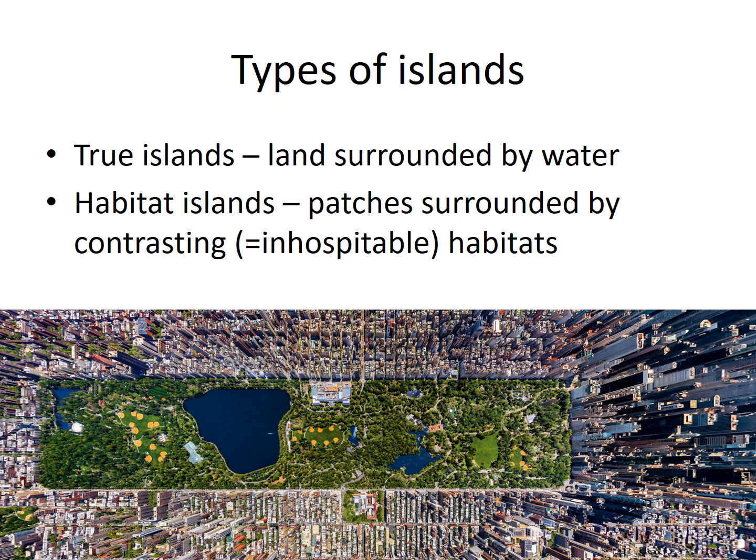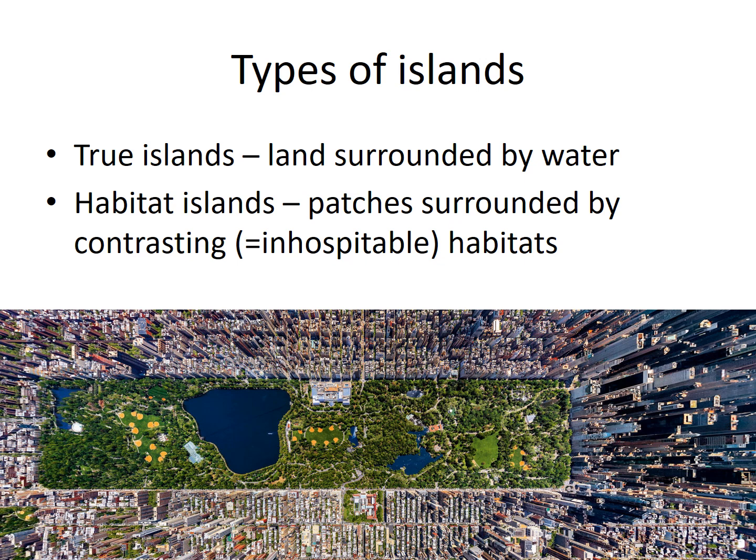It's full of trees and grass, and there are many organisms that live within Central Park that you will not find even 1 block away. If you walk a block or two away, you're not going to find raccoons or certain species of bird, because they simply don't live in the alleys and on the rooftops of these skyscrapers, okay? So you can think of Central Park as an island.